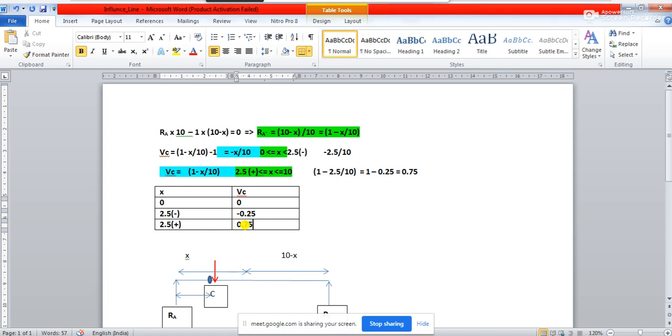You see, in the case of bending moment for the influence line diagram, at 2.5 plus and 2.5 minus, the value of bending moment was exactly the same.